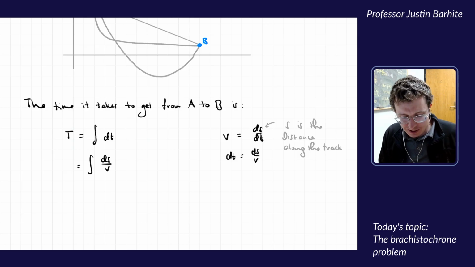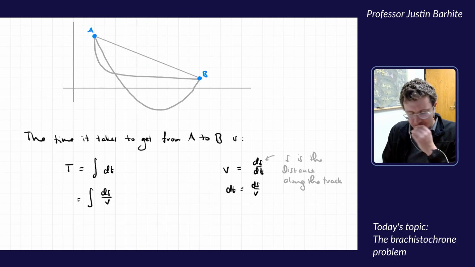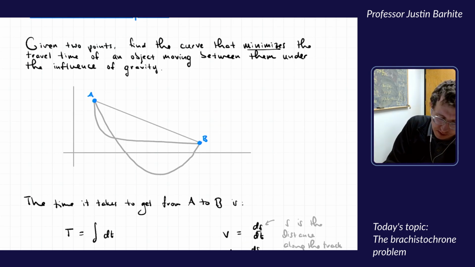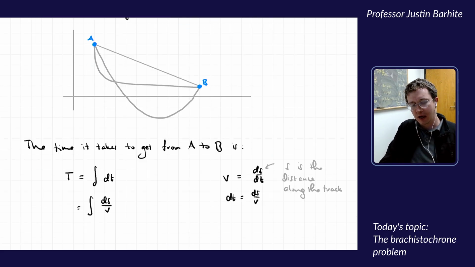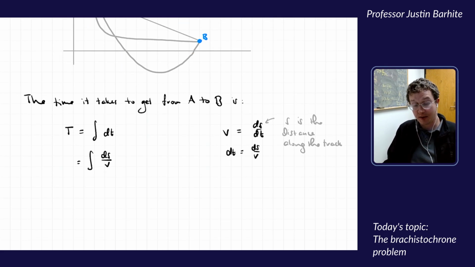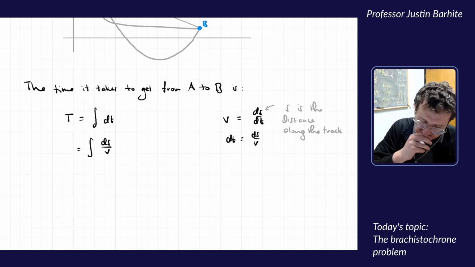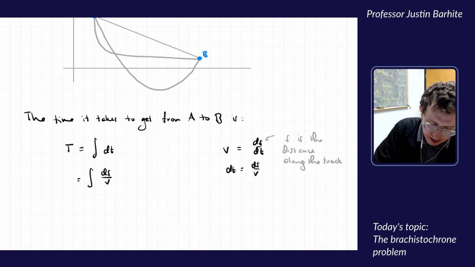Okay, so there's going to be some physics involved, just a little bit at the beginning, because we have to think about how gravity is influencing the particle here, or the marble. So we're going to use conservation of energy.